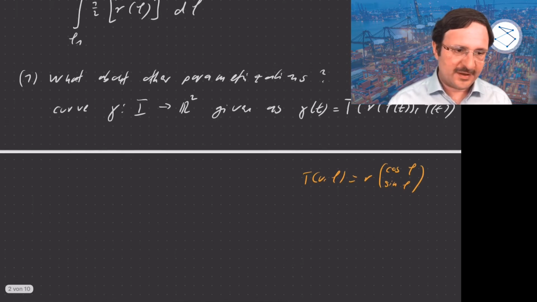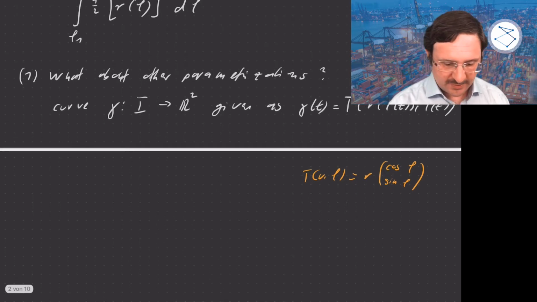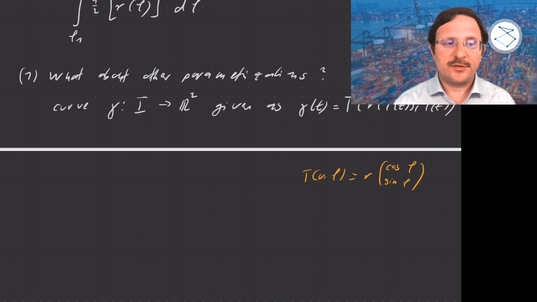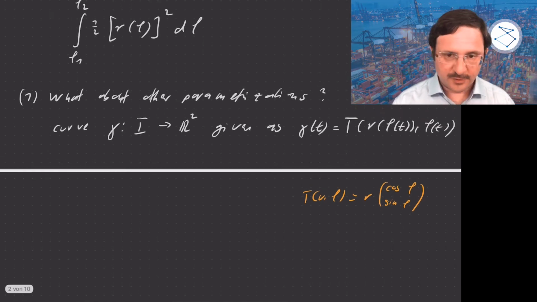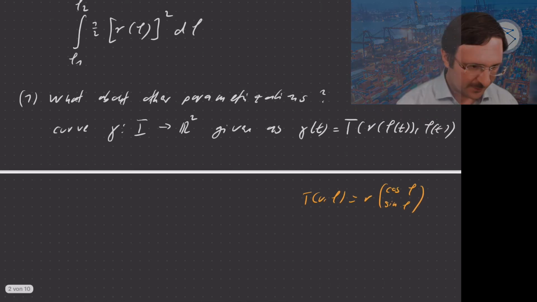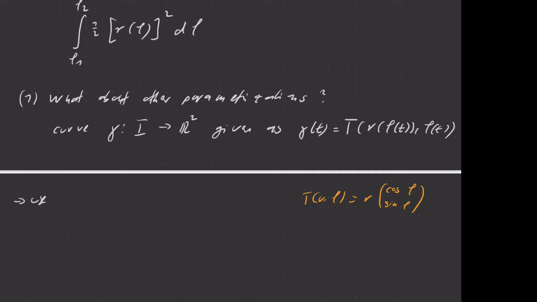Now if we have something like this, what we can do is use the rule of substitution to compute that integral here. Remember the general form of the rule of substitution.